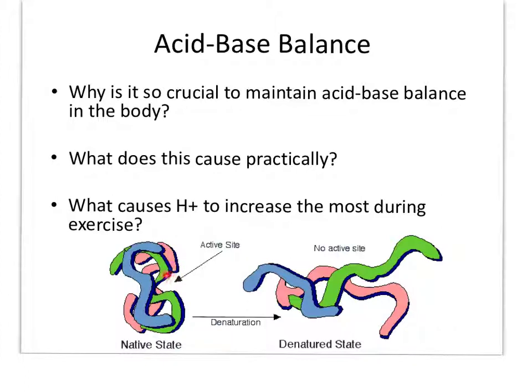Let's say this green one is binding right here with this pinkish one, and that's allowing this perfectly shaped active site to be here. If a hydrogen ion comes and binds right here, where we have an interaction between these two polypeptide chains and these two amino acids, that's going to change the charge in this portion right here. If that changes the charge, that means it's not going to be able to bind to this one anymore.